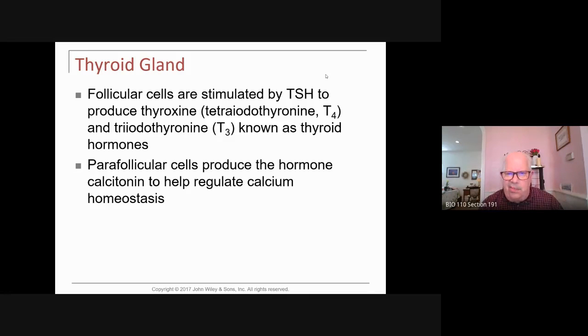When your calcium levels are too high, the thyroid gland from the parafollicular cells produce the hormone calcitonin to lower your calcium levels. We will talk about another gland that raises your calcium levels. Calcitonin from the thyroid gland lowers your calcium levels.